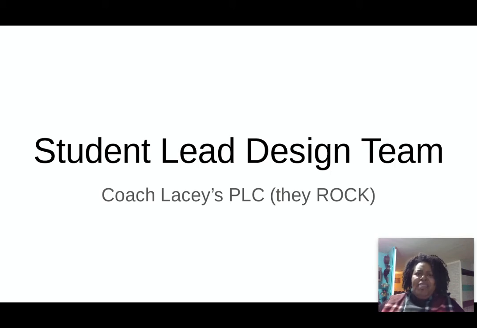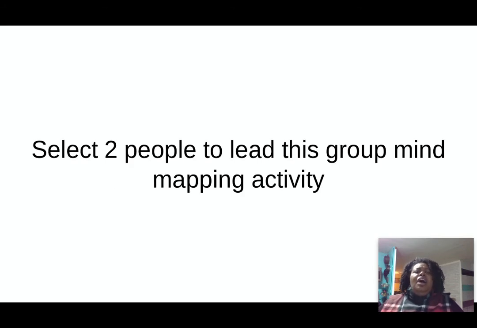So, first, we need two people to facilitate this activity. So you guys are doing the mind map. So basically, what it means is that those two volunteers will be collecting papers, passing out papers. One person will write the question on the big post-it paper, and then you're going to tape all of the brainstorm responses on the wall along with the challenge statement.